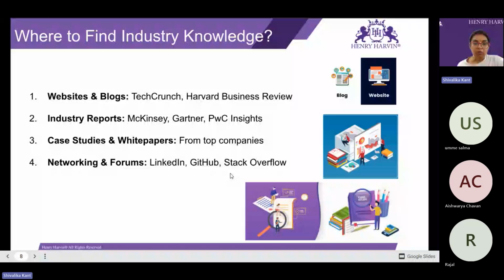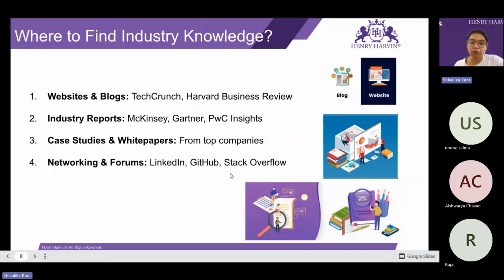Market research platforms are there, like IBISWorld and Gartner. They also share lots of market research reports. World Bank and UN reports are also there for global outlooks, if you want to know about the global industries as such.